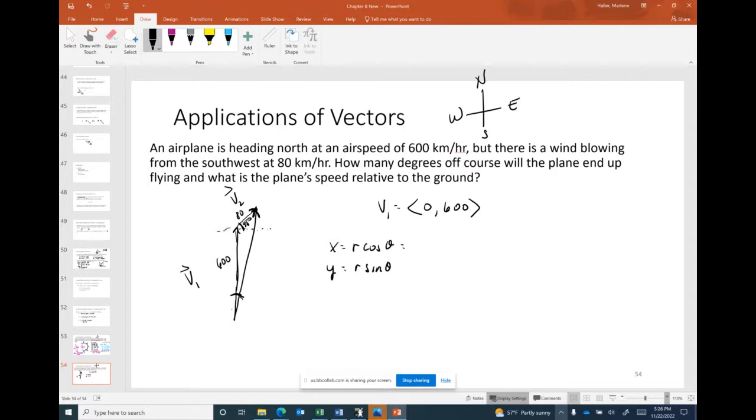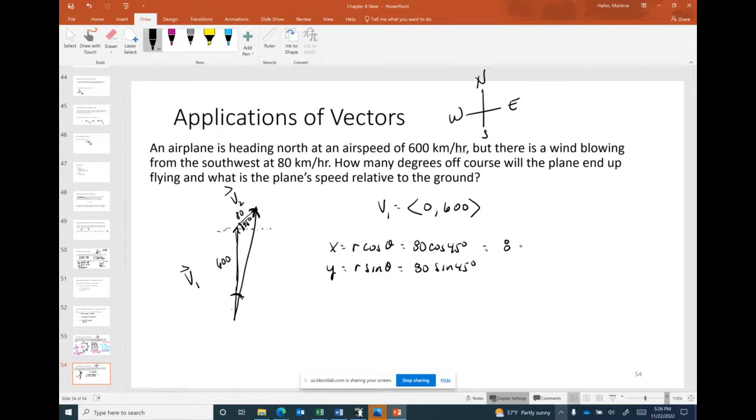So r, that's the hypotenuse or the radius here. So that's going to be 80 times the cosine of 45 degrees, and y is going to be 80 times the sine of 45 degrees. And in this case, they're going to be the same, right? Because we know that the cosine of 45 degrees, we just looked that up, is the square root of 2 over 2.